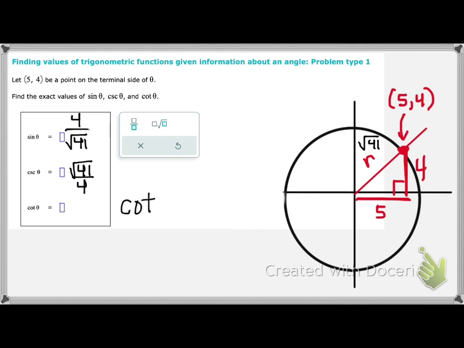Okay, let's go to cotangent theta. That's equal to x over y. I was given that information in the first line. The x coordinate is 5 and the y coordinate is 4, and it's as simple as all that.